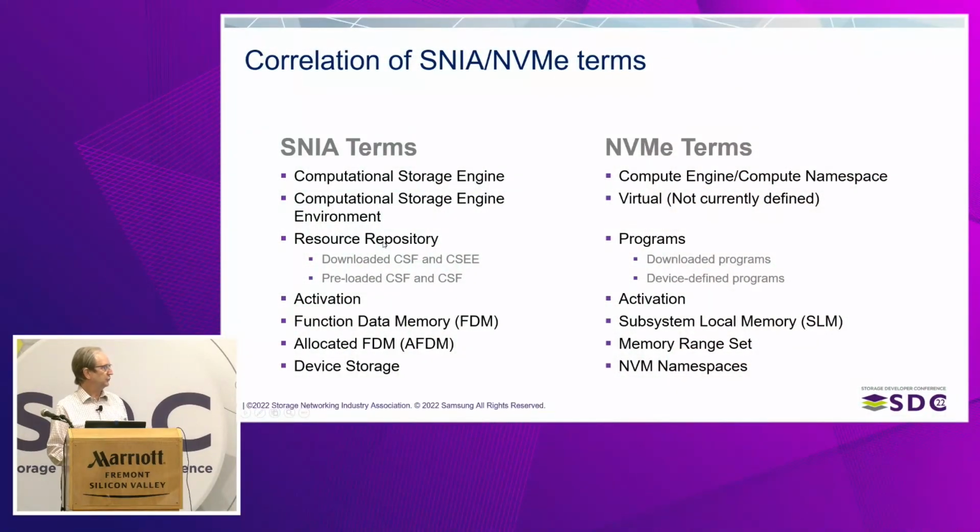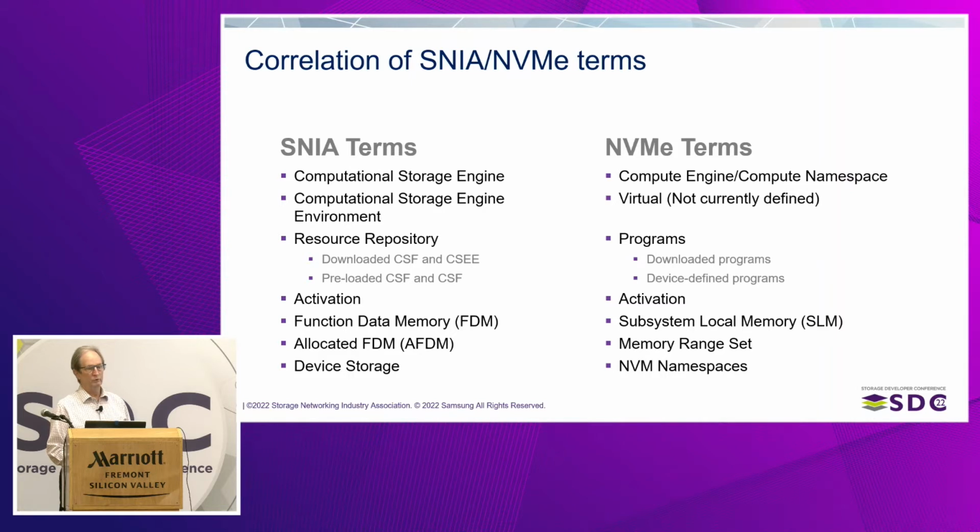Within SNIA, we have the resource repository. The resource repository in the SNIA architecture has downloaded CSFs and CSEEs. It also has preloaded CSFs and this should be a CSEE. So those are both available in the resource repository.